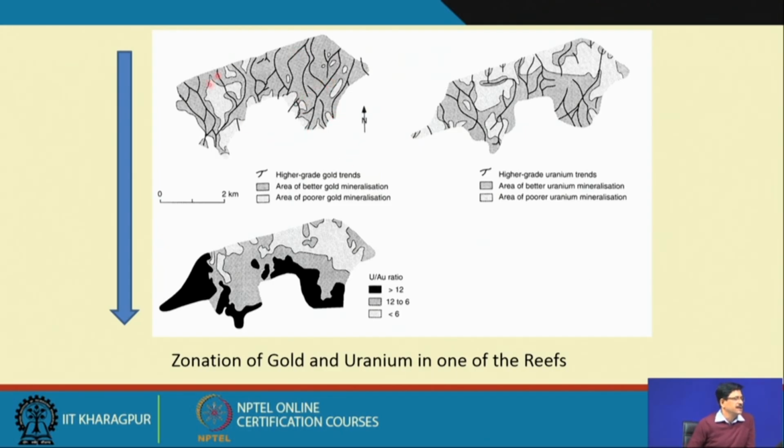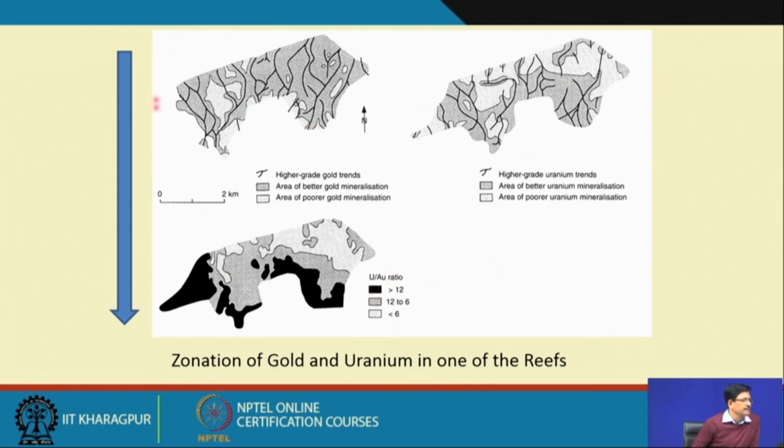Here we could see that these represent the anastomosing braided pattern of the basin, and the slope is actually from north to south, and is very well correlated. If you look at here, this is the uranium and the uranium by gold ratio.